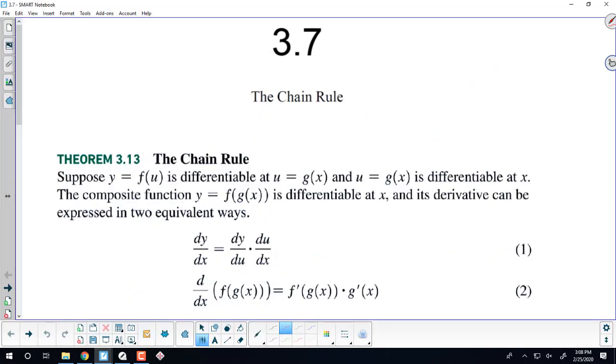All right, the chain rule, and you've sort of been doing the chain rule all along. If we go back for a second and look at the derivative of x cubed, when we say that's 3x squared, what we're not writing is that this is also multiplied by 1.